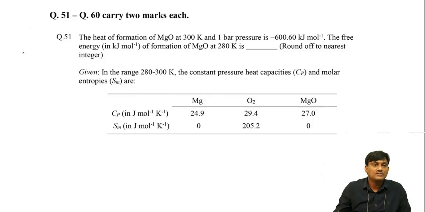What is the reaction? The reaction is Mg plus half O2 gives rise to MgO.